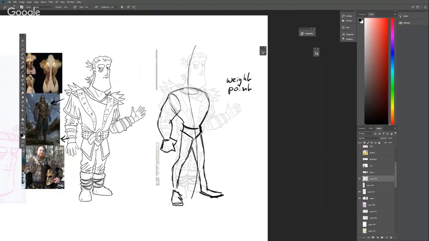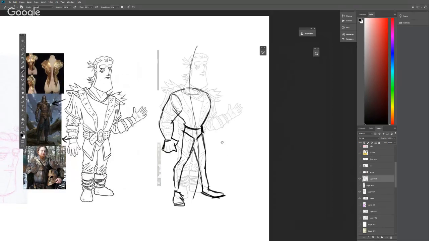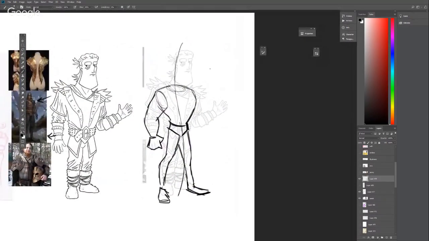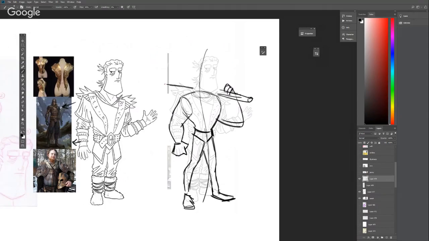I think he's waving or something. I don't know if you had that in mind, but maybe he's walking around with an axe or something. Something like this.